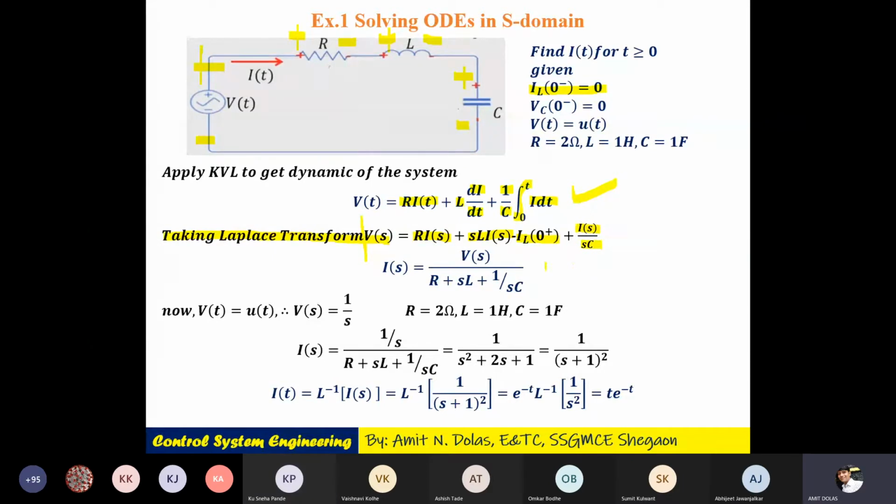So we converted into the Laplace transform and we are interested in the current through this circuit. So take the current to the left hand side. So I of s will be equal to V of s upon R plus sL plus 1 by sC.